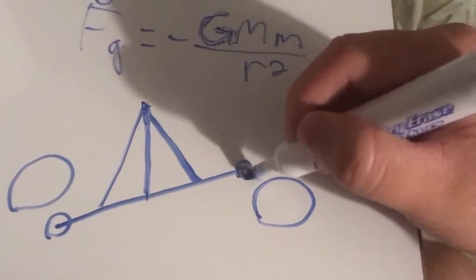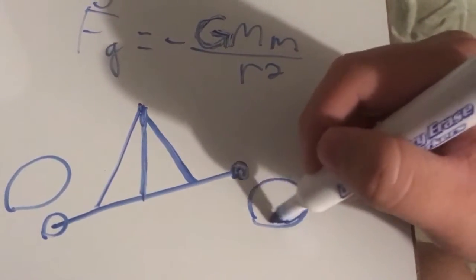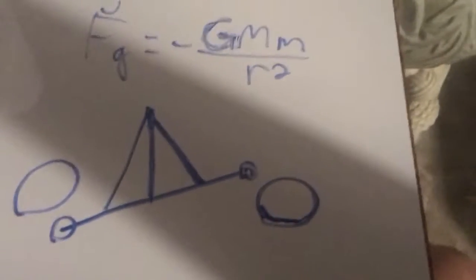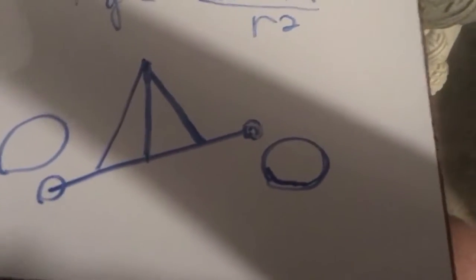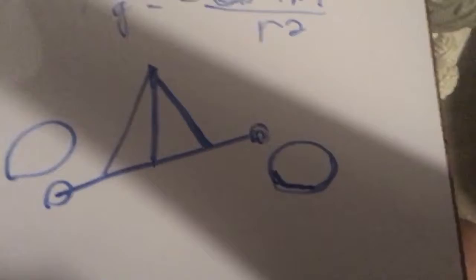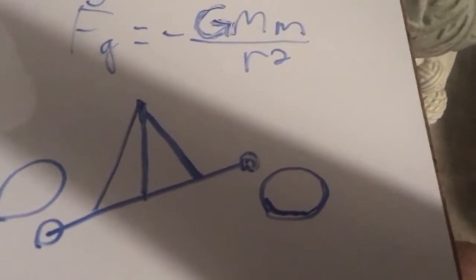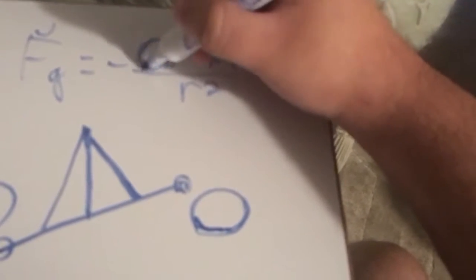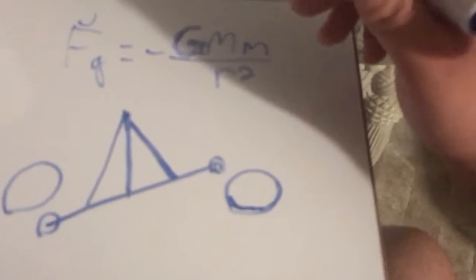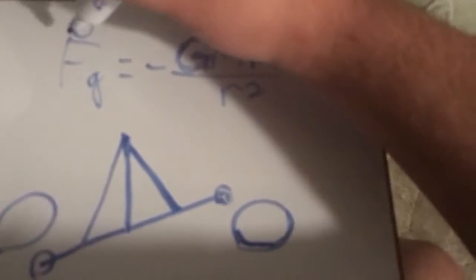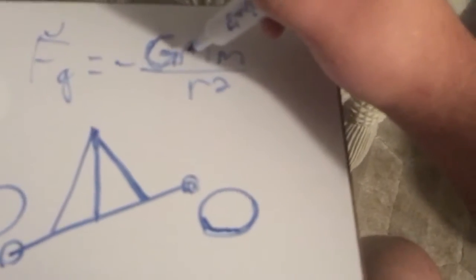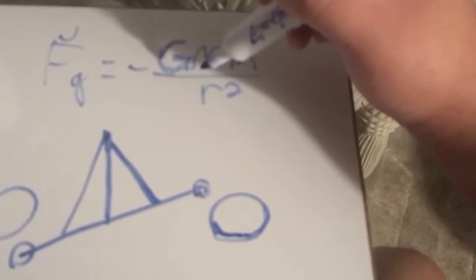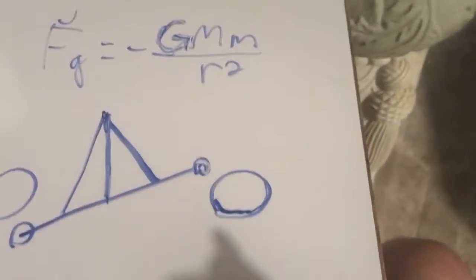There's a small gravitational force between the balls that would allow it to have a small angular acceleration. Small torque would be applied. And believe it or not, you can actually calculate that gravitational force without knowing G. Cavendish figured out a way to do that. So he figured out that gravitational force, plugged in the masses of the balls and the radius between their centers of mass, and solved for G.